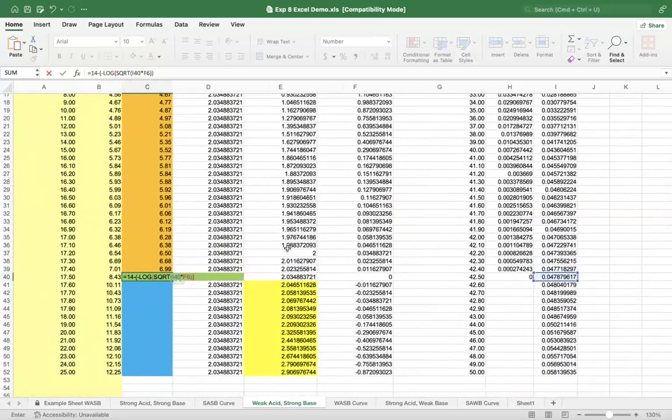Close parenthesis, close parenthesis, close parenthesis, enter. The pH looks right. I mean, it's definitely doing what it's supposed to be doing. I'm happy about that.